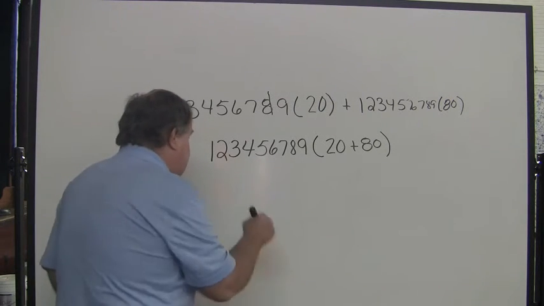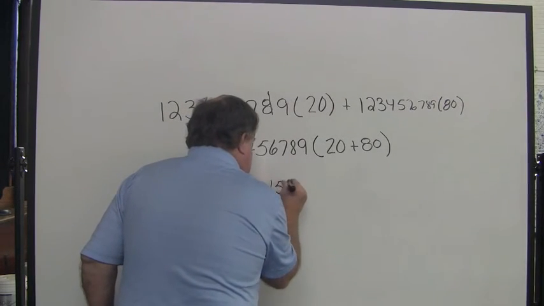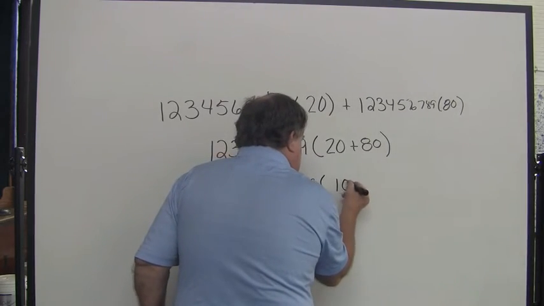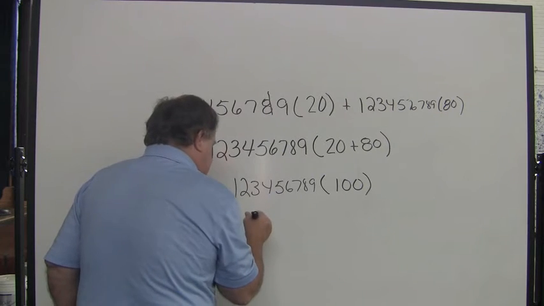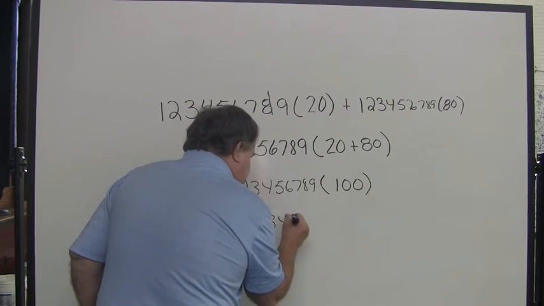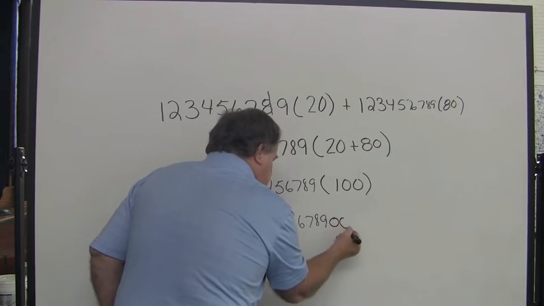So I'm going to end up with 123456789 times 100. So my answer is just going to have to add 2 zeros after the 9. So here's my answer: 123456789 and 2 zeros.